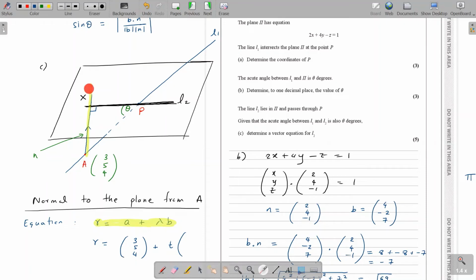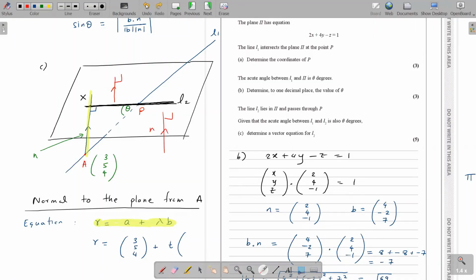Do we know the direction of this line? We know it because this is the vector that is perpendicular to the plane. Any vector perpendicular to the plane has the direction of n. It is a multiple of (2, 4, -1).